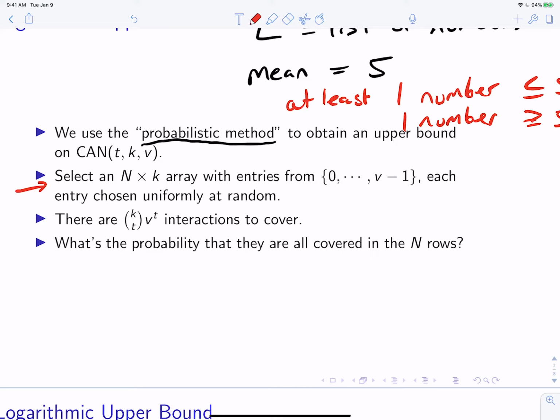So what we're going to do is make an array with some number of rows, n, and some number of columns, k, and each entry is chosen uniformly at random.